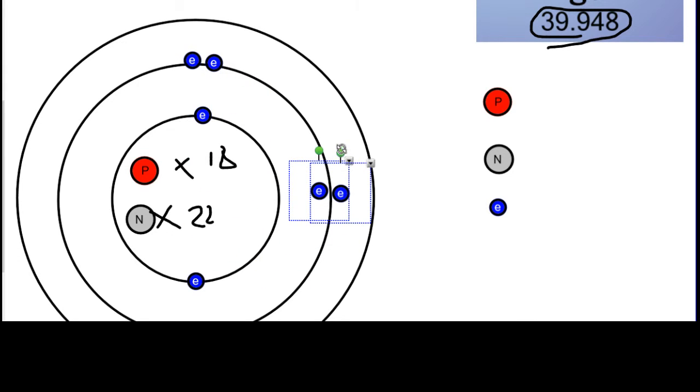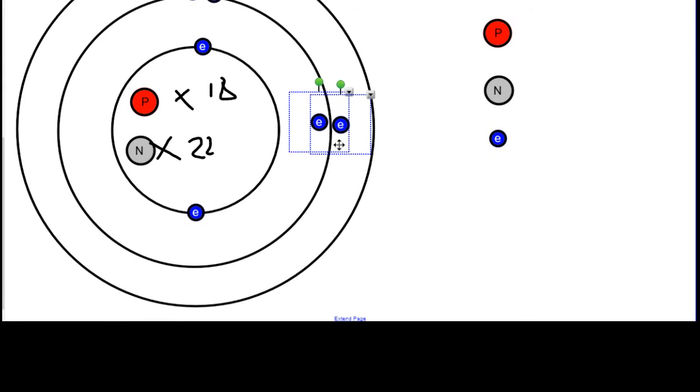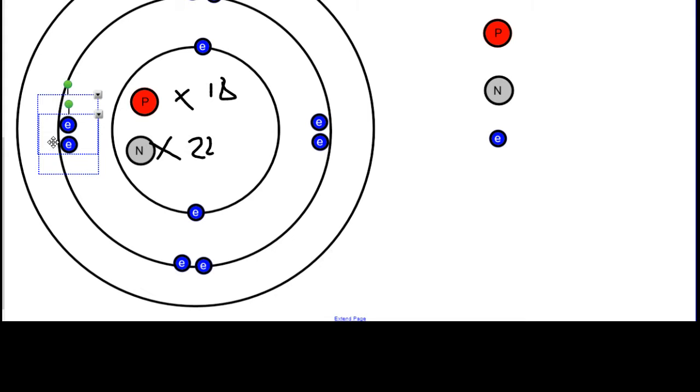So I'm just going to do the fast way and put these around. 8 on this layer and 2 on my first layer gives me a total of 10.